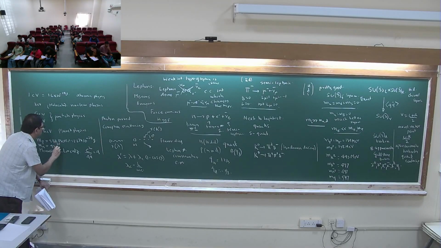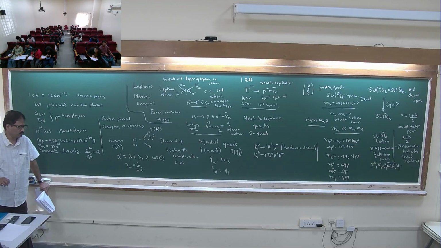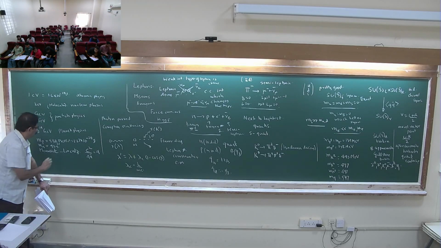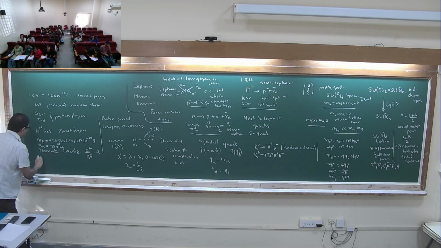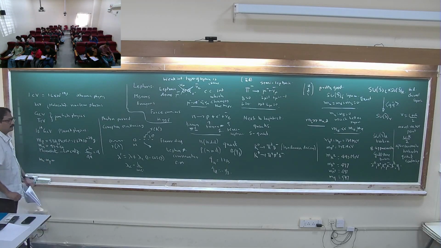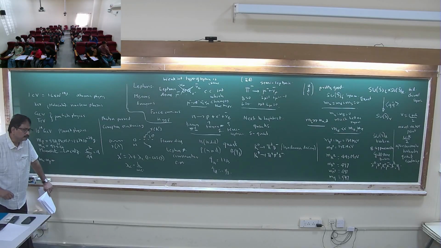Okay, then here, the neutron is 939.56. Can you tell me the difference, M_N minus M_P? Yeah, just subtract one from the other.